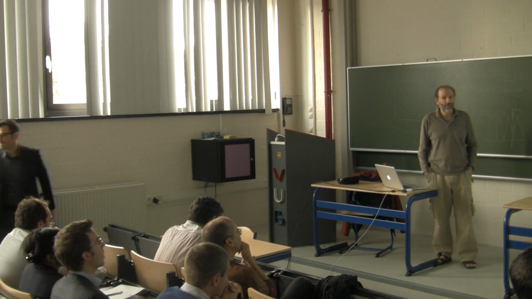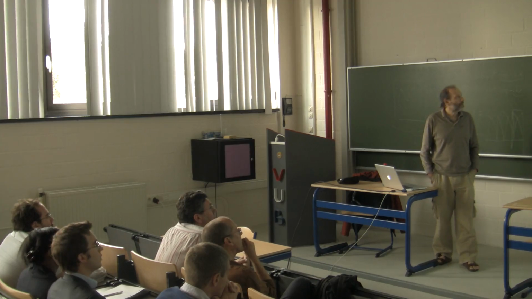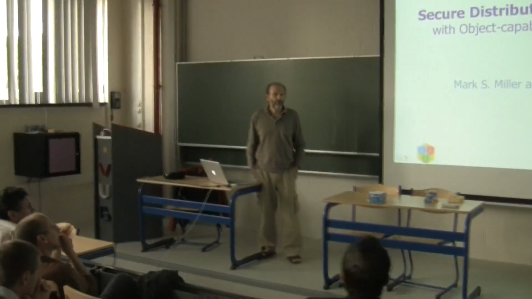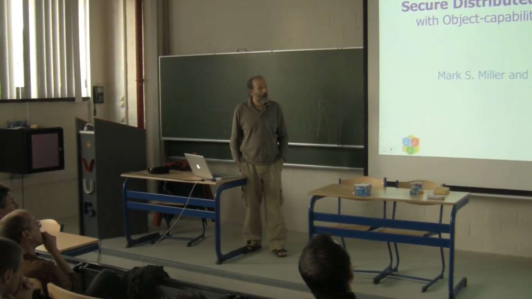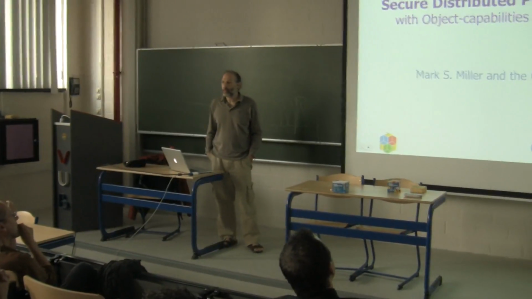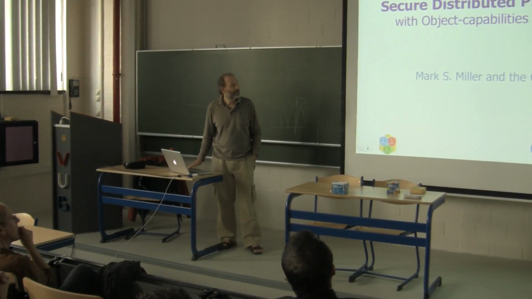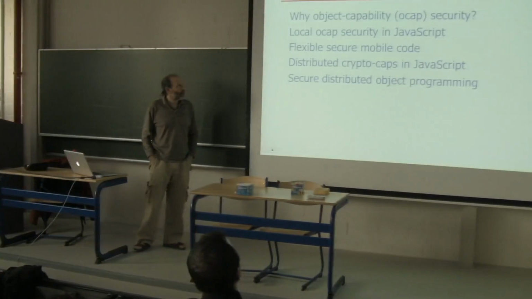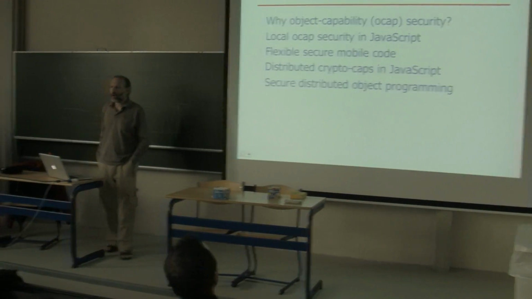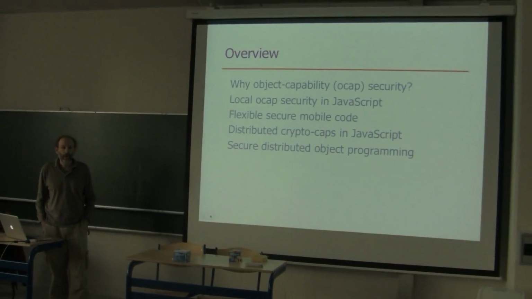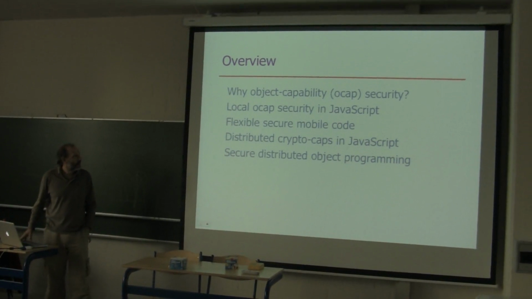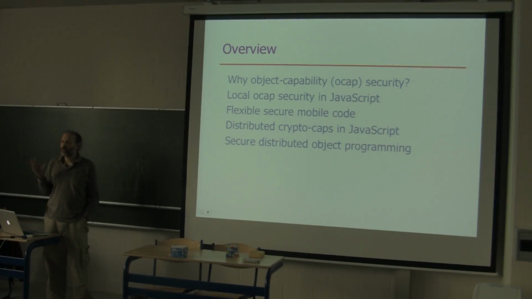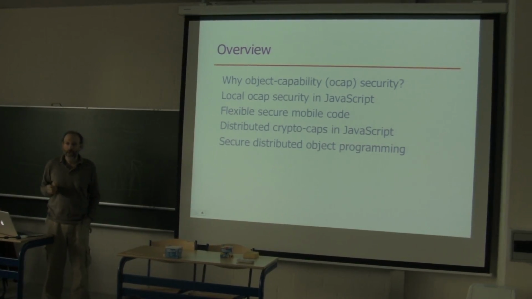Okay, I'm going to tell you today about how to do secure distributed programming using object capability security in modern JavaScript. And I'll explain what these terms mean. So I'm going to start the talk by explaining what object capability security is and why you should want it. Then I'll explain how to use JavaScript as a local object capability language.